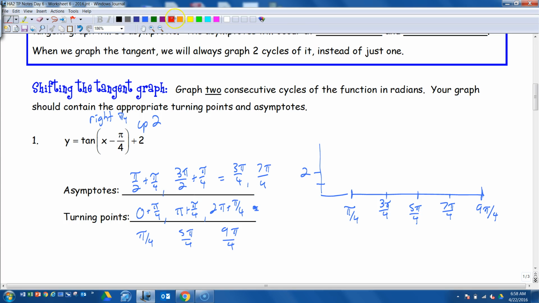So my turning points are going to be here, here, and here instead of at the 0. My asymptotes are still here and here, and now we just graph it. So I'm going to start at pi over 4 and go up. Then it comes from the bottom, it turns through there and it goes up. And it comes from the bottom and it hits the turning point. So that is one cycle of tangent, and again, all you have to do is find those 5 values by shifting it, and then shift it up or down, and you're good.